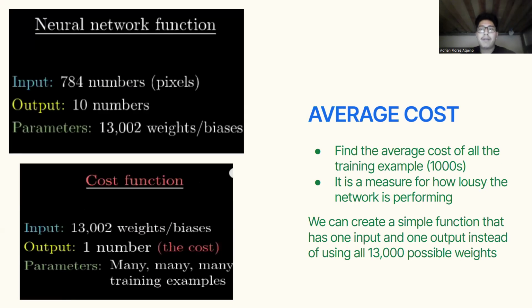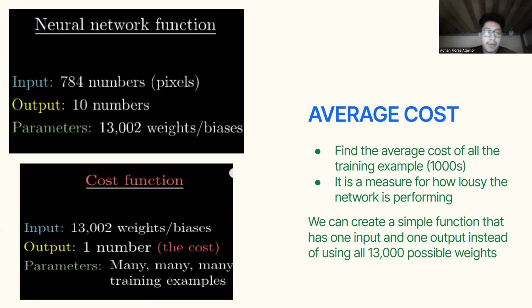The easier way to find our result is to find the average cost. In this example, there are thousands and thousands of training examples, which is what we have to find the average cost of. When we do find the average cost, it is the measure of how lousy the network is performing.